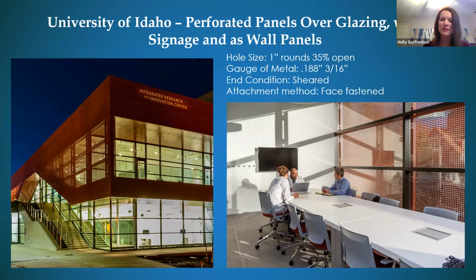It cuts down on the heat, it gives the occupants a little shade, but they can still see outside. It creates some really nice shadows. It's a great opportunity to have a custom design, maybe a logo, maybe a landscape, if you want to create those shadows as the sun moves in the room. So there's a lot of opportunity to do some really creative things with perforated panels over glazing.